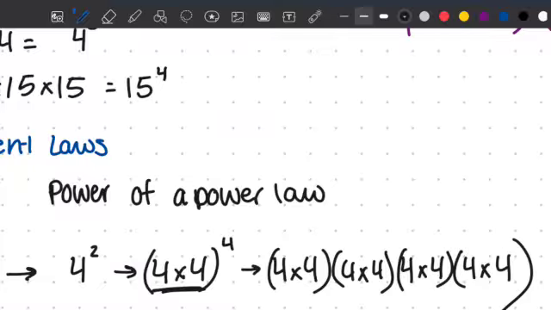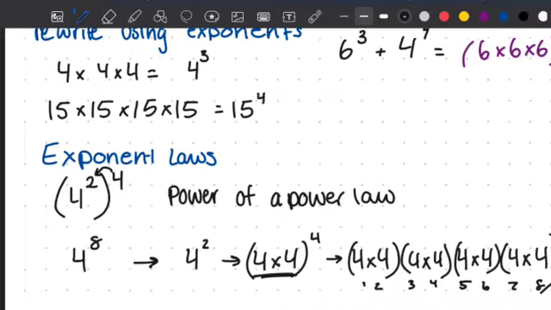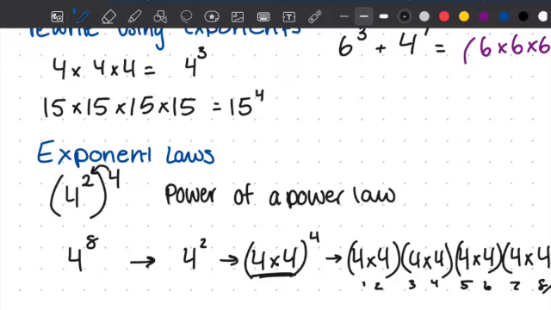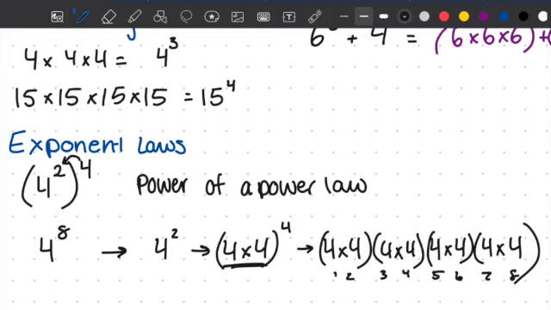The amount of 4s that I have is 1, 2, 3, 4, 5, 6, 7, 8. So that's why my power of a power law works. Any questions about that?